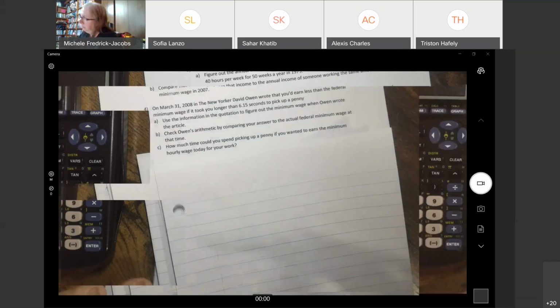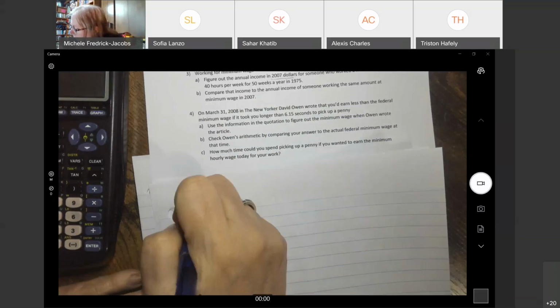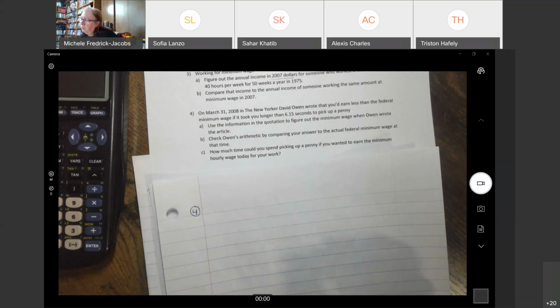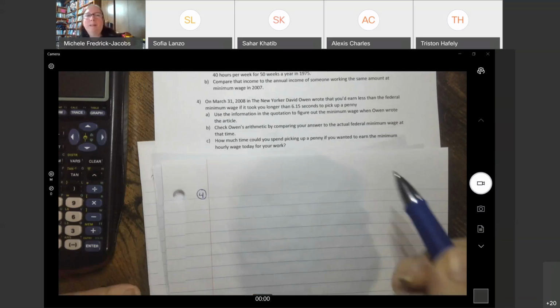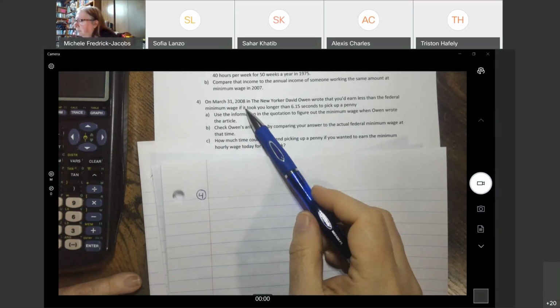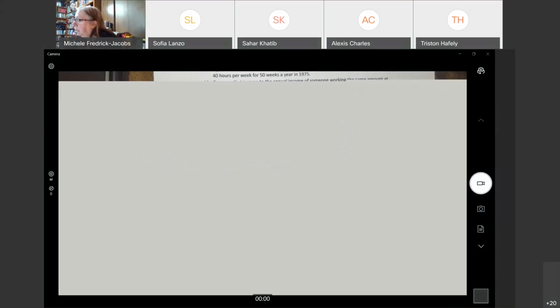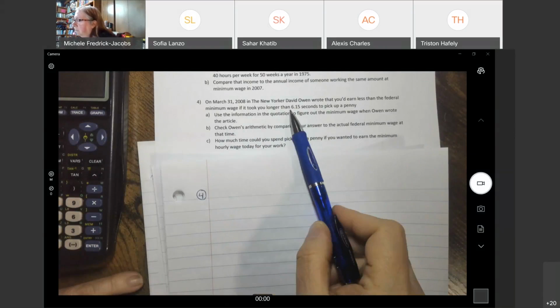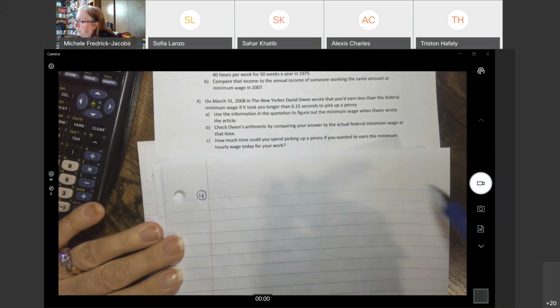Okay. Yeah, I wasn't sure what I was sharing. I want to double check. On March 31st, 2008, in the New Yorker, David Owen wrote that you'd earn less than the federal minimum wage if it took you longer than 6.15 seconds to pick up a penny.